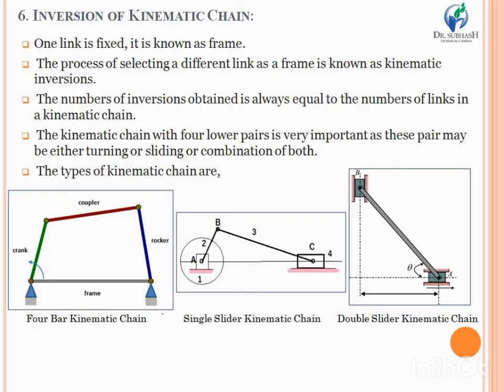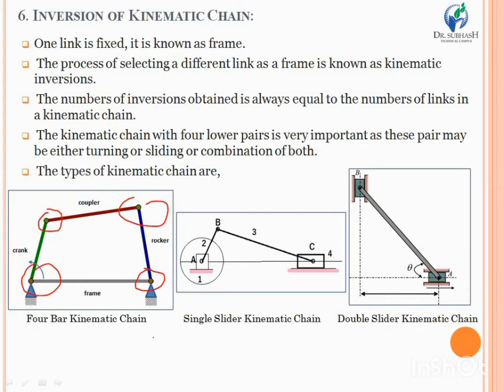From the figure you can easily identify that the 4-bar kinematic chain has 4 turning pairs, or revolving pairs, because it can rotate at each location. In that way all 4 locations have turning action, so that's why the 4-bar kinematic chain has 4 turning pairs.